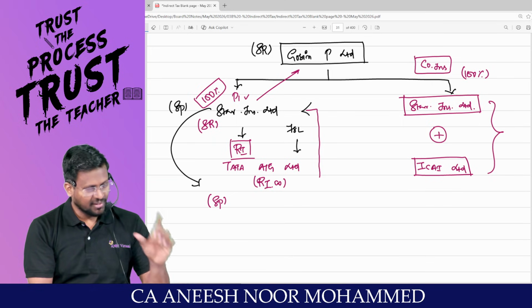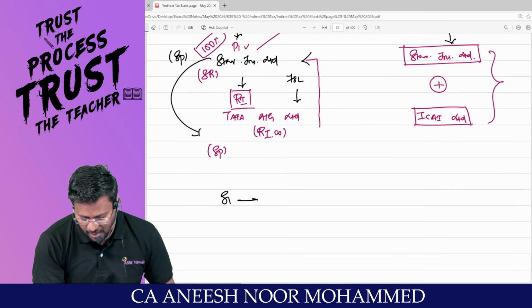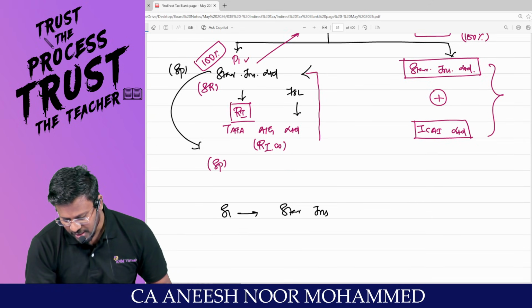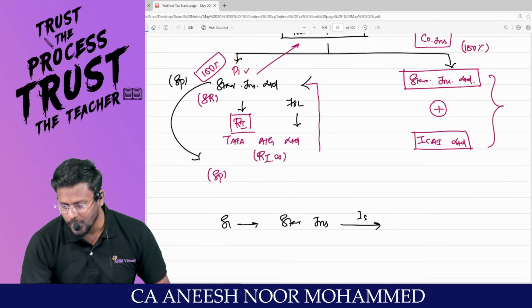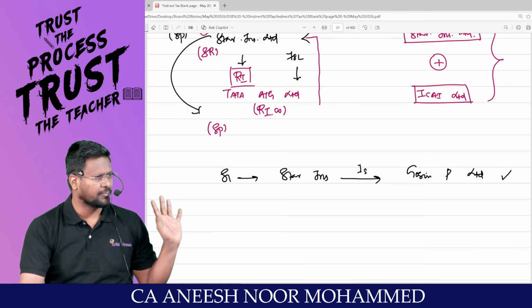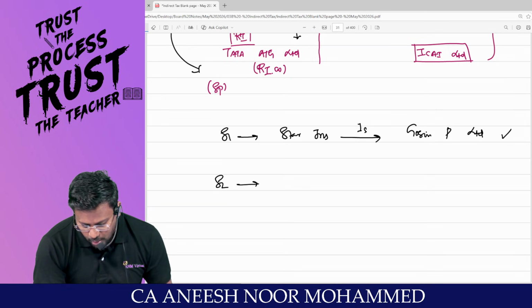Are you understanding? Sir, service number 1. Star Insurance provided the insurance services to Gopin Private Limited. I believe there is no confusion in service number 1. Service number 2.